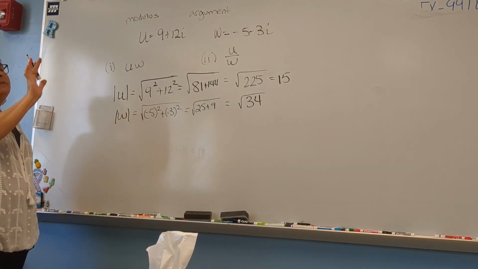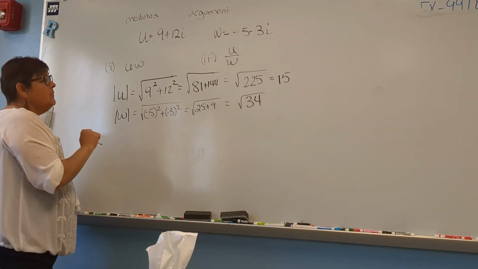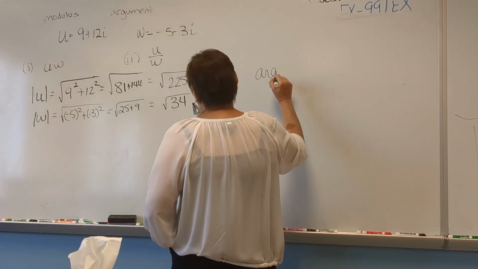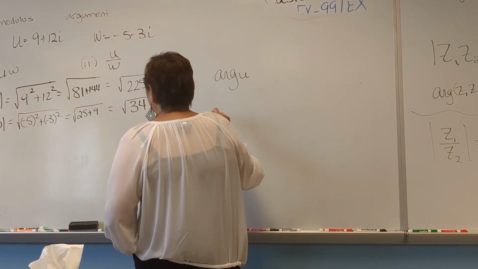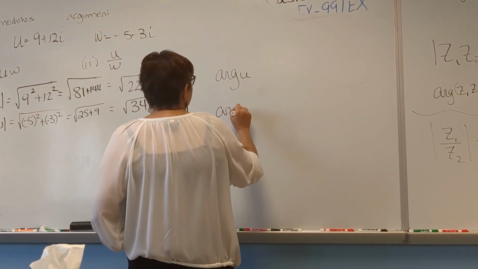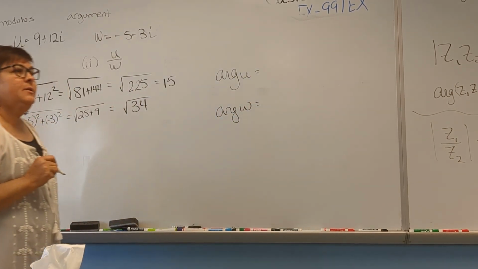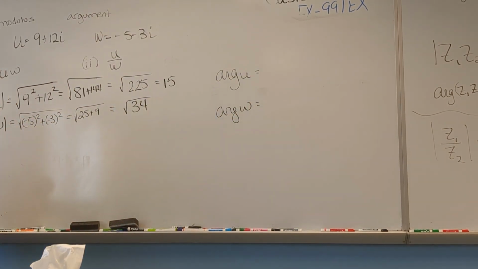Okay, in the same breath, I would like us to now find the arg of u, and then we're going to find the arg of w. Practice our skills, okay? See if we can remember how to do it. So the first guy is 9 and 12. What quadrant am I in? First.